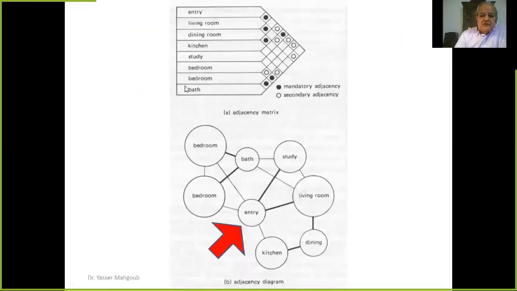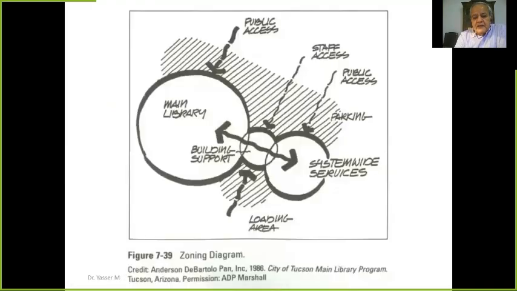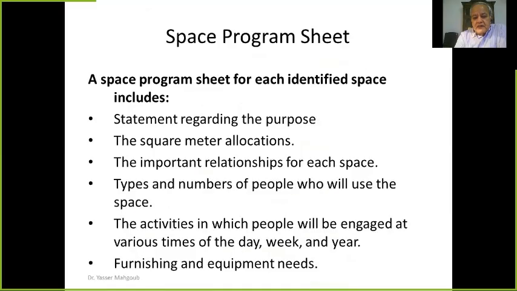From this, you start to develop your bubble diagram. And the bubble diagram is also another important step to understand how functions can be distributed, and then how they can be distributed in the site later on.